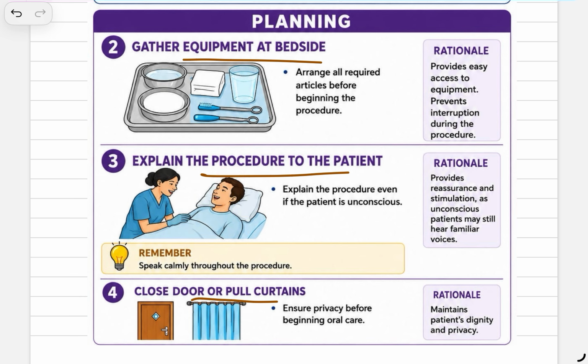Sir, the patient is unconscious, how can he hear? Actually, what is the meaning of unconscious? He can't respond, but he can sense. That means you can give stimulation, you can say something so that they can understand, but they will never respond.